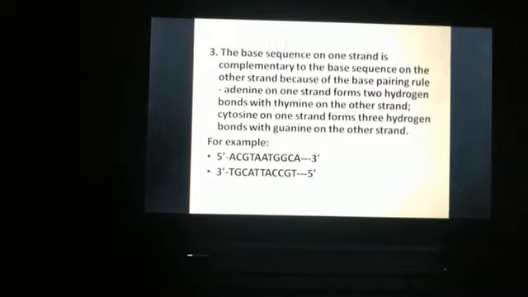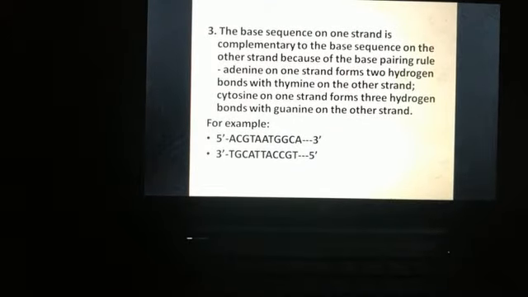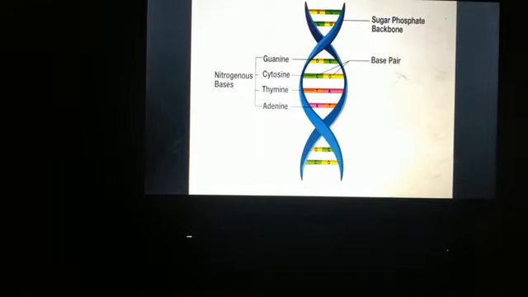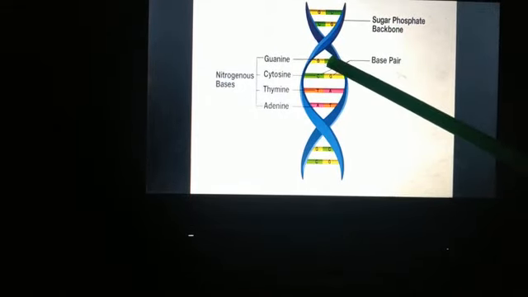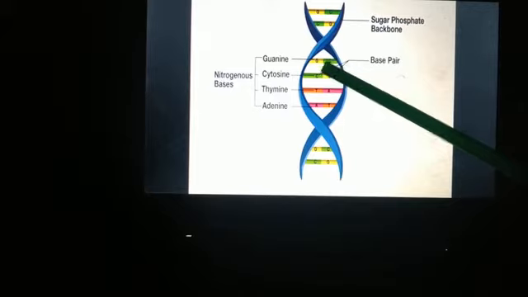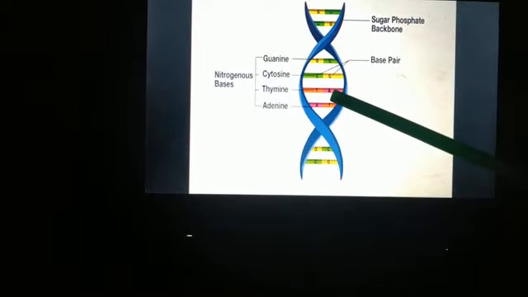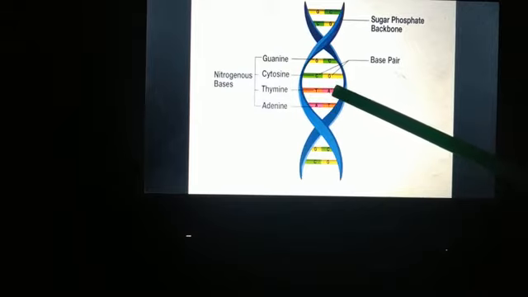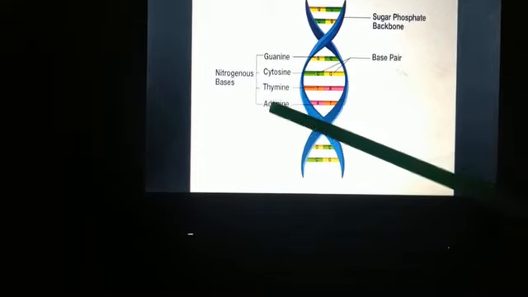So the two strands form a complementary pairing. Guanine will pair with cytosine, and adenine will form the complementary pairing with thymine. That is, A will pair with T and G will pair with C.